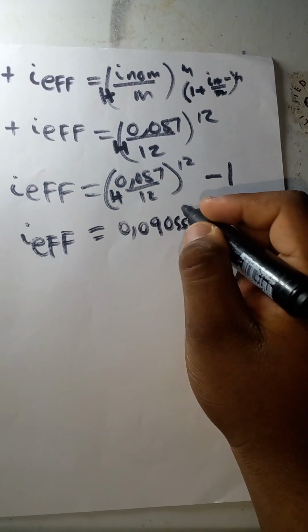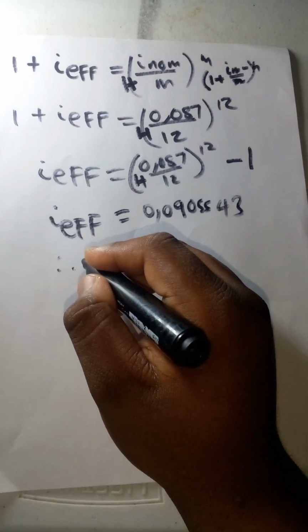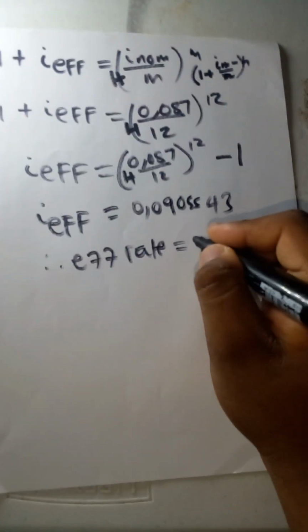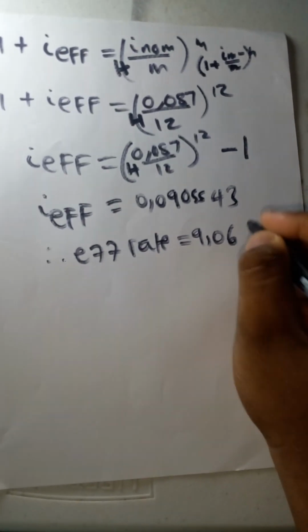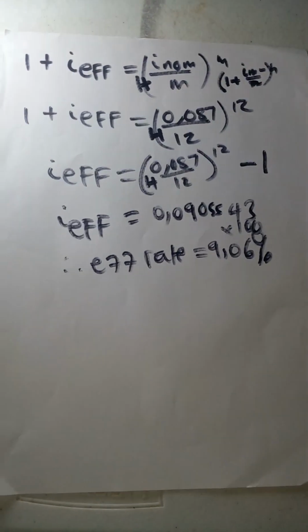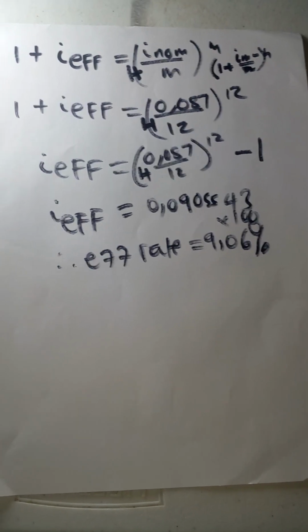At least write 5 decimal places. Therefore your effective rate is equal to 9,06%. We're not going to multiply this one by 100. I just omitted that 1 plus there, but now here is the answer.